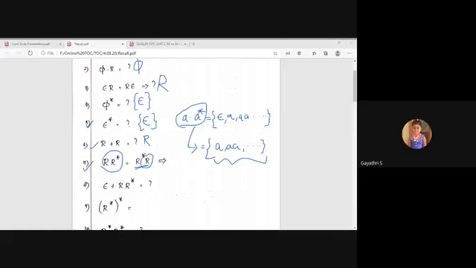What is the difference between A plus and A closure? A plus means all combinations of A except epsilon. A closure means all combinations of A including epsilon. So this language is A plus, so what should I write here? This is R plus.